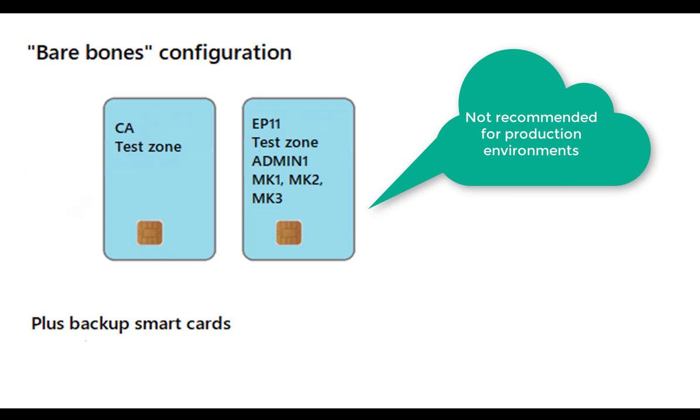Best practice for production environments is to implement dual control. Dual control means that more than one person must cooperate to perform administrative actions such as loading the master key registers. Regardless of what smart card configuration you choose, you should always create backup copies of your smart cards and store them in a safe place. That way, if a smart card is lost or damaged, you can still work with your service instance.